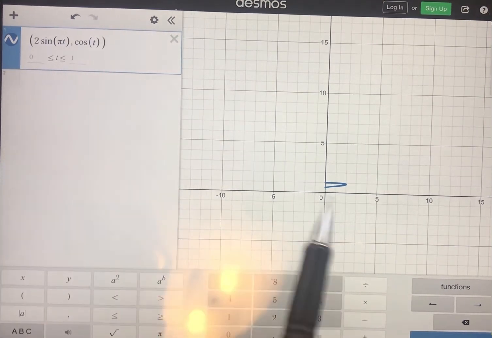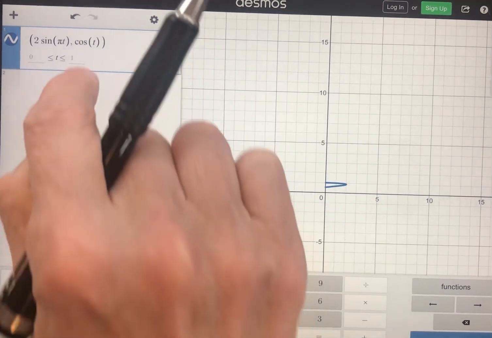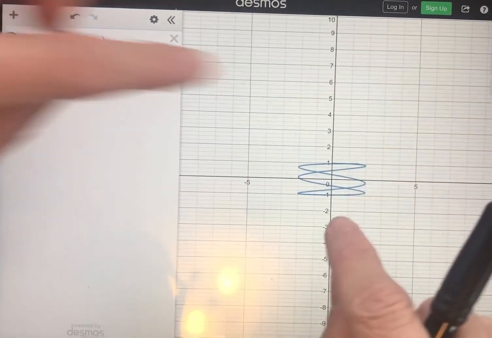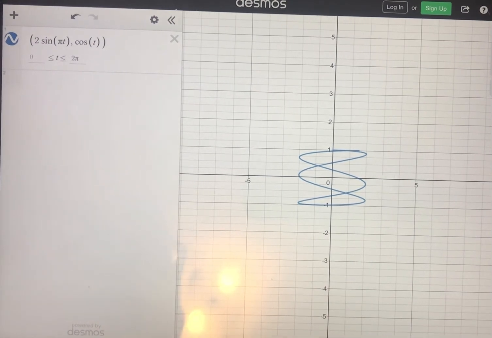And you can see it simply drew from 0 to 1. Well, we want to go from 0 to 2 pi. Let's go into here, put in 2 and then pi, and there you have it. Kind of a funky curve going on there. That is a Lissajous figure.